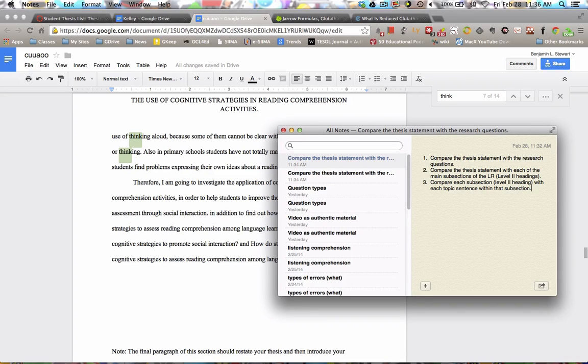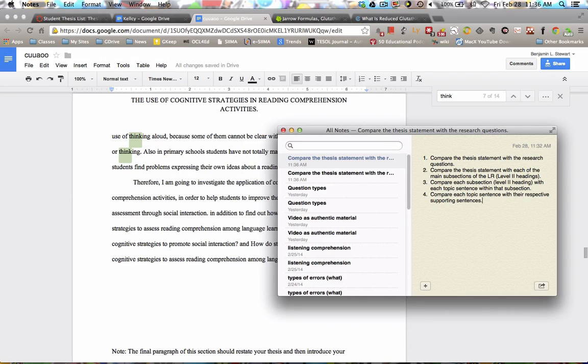Once those are aligned, good. Then I'm going to go to the last step, which is to compare each topic sentence with their respective supporting sentences. Now I'm going to look at each paragraph and look at the topic sentence.